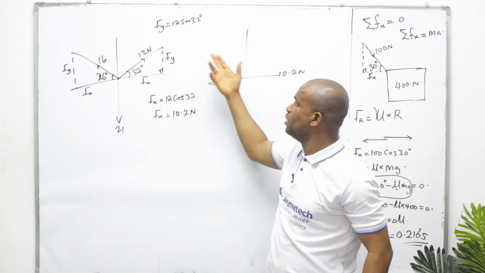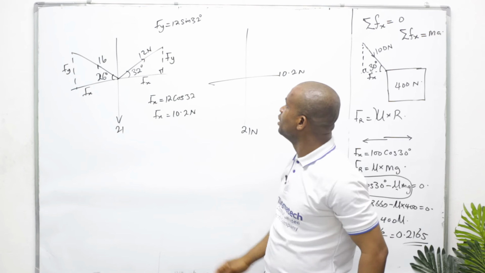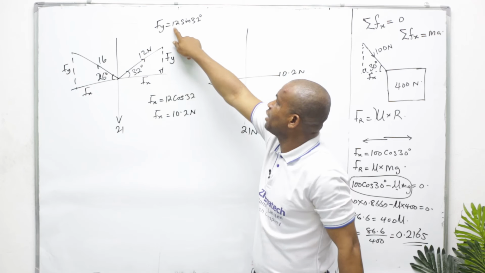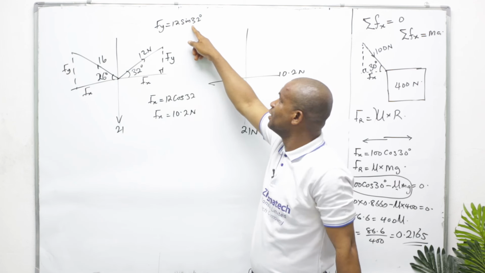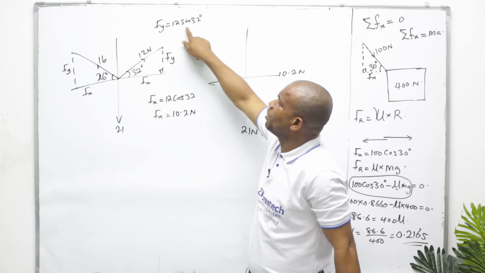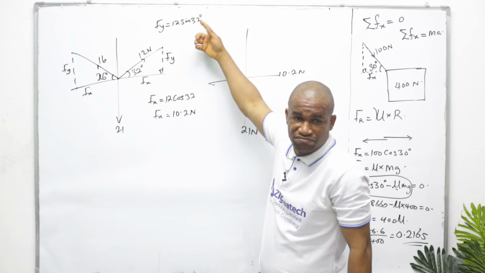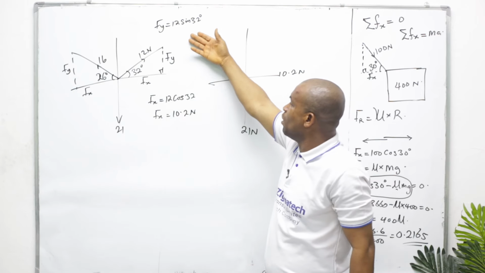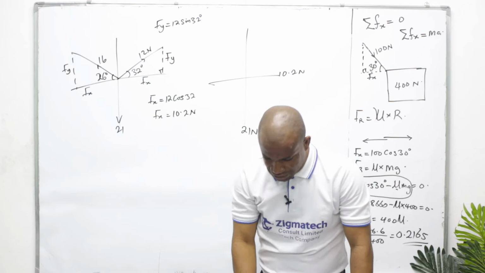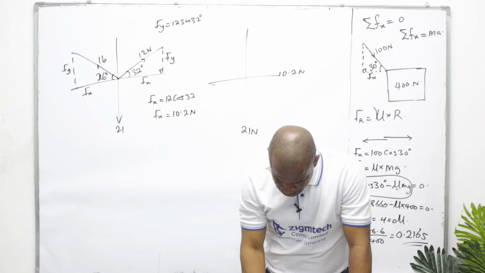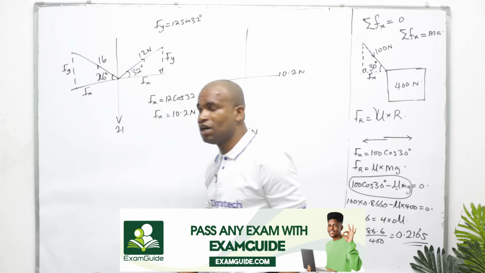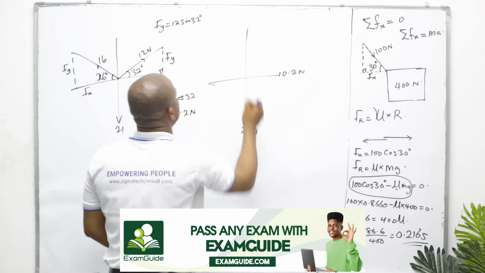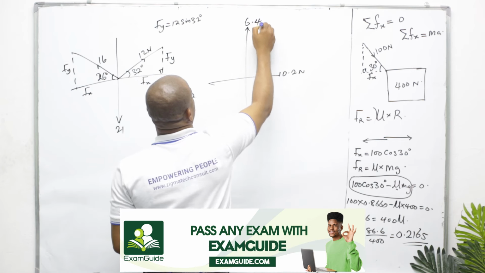So you may have a question which is close to it. Let's assume this is sine 30. Then this answer is going to be 6 times 0.5, which is 3. However, we are going to have a number which is very close to it, maybe 6.1 or 6.2. So let's find out. 12 sine 32 is approximately 6.4. So this is going to be 6.4 Newton.